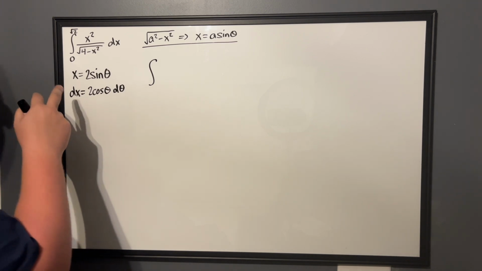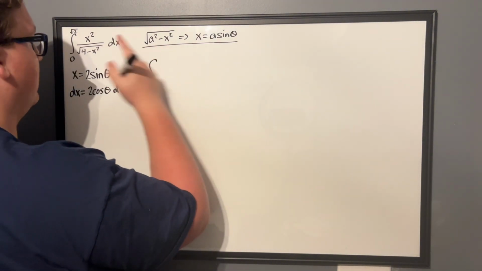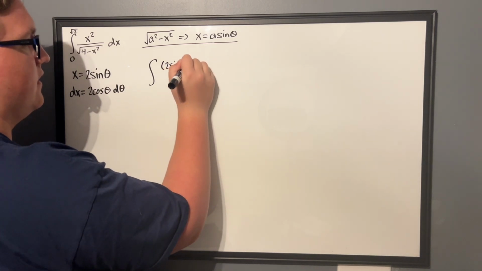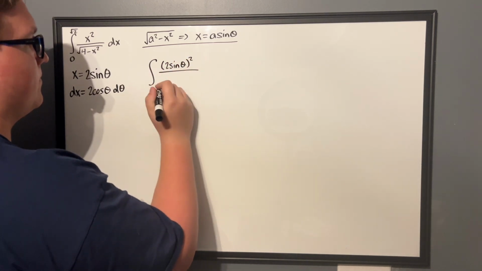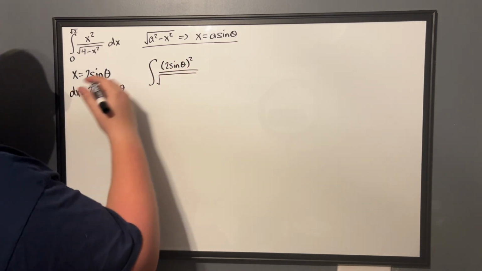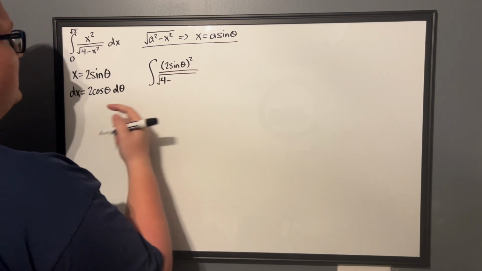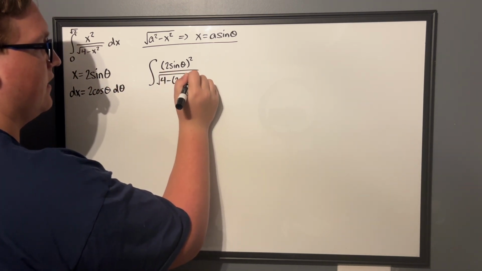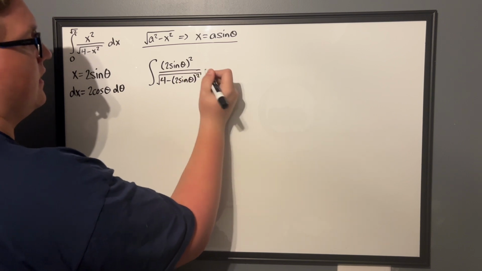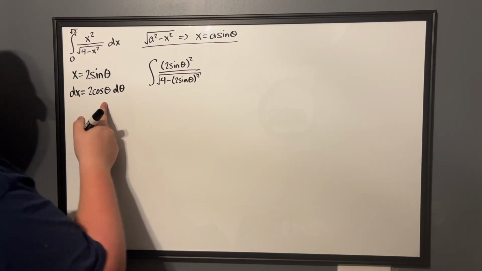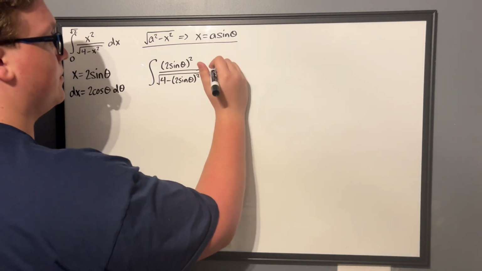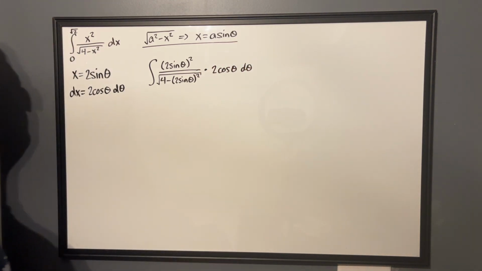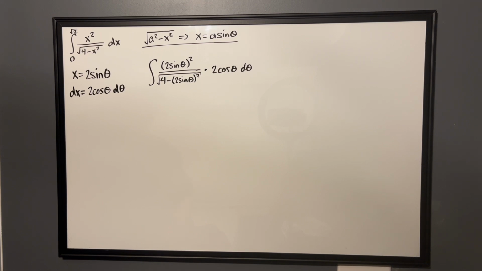We're going to write this out as the numerator is going to be x squared, so that's 2 sine theta squared, over the square root of 4 minus x squared, where x is 2 sine theta, so 2 sine theta squared. And that's not it, because remember, dx is 2 cosine theta d theta, so we're going to multiply by 2 cosine theta d theta. Okay, so this is our new form of our integral.